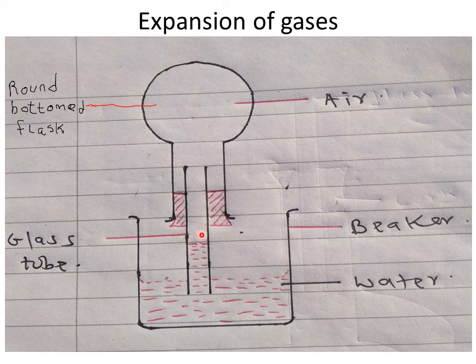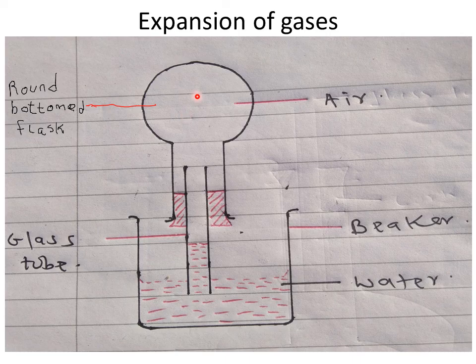So the water is pushed downward so that the expanded air gets enough space, that is the increased space as a result of expansion. So what causes the level of the water in the glass tube to drop slightly is the expanded air inside the round bottom flask.